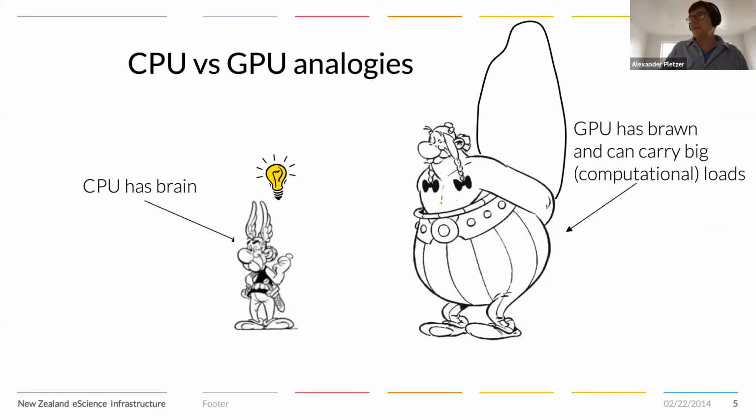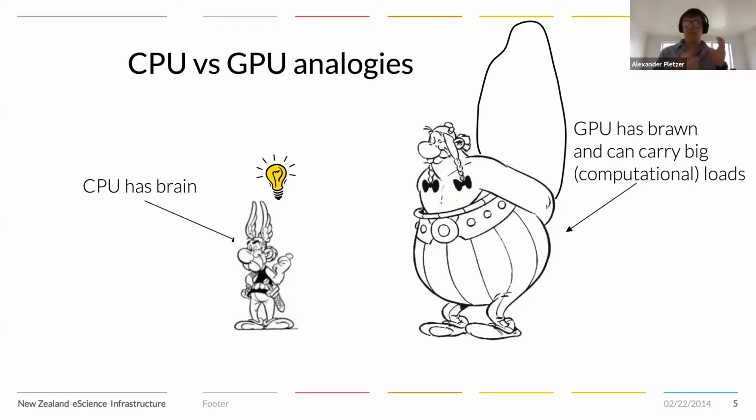So, what are these GPUs? We've been thinking a little bit about good analogies, and there are several of them that are pretty good. So this is one of them. You might have seen other ones, but I grew up in Europe in the 1970s, and we used to read these comic books, Asterix and Obelix, and these are two little characters.